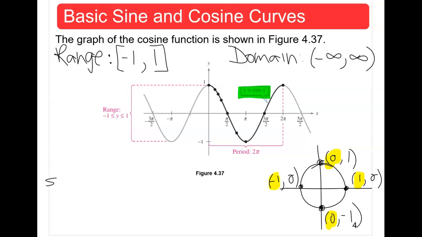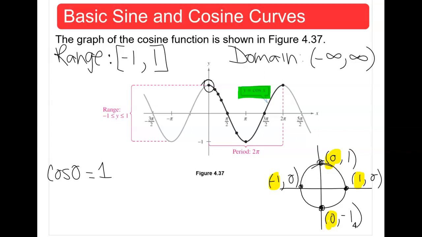So let's write them here. Not sine, but cosine. So the cosine of 0 radians is going to be the x value at that particular point, which is 1. And we can see that here.